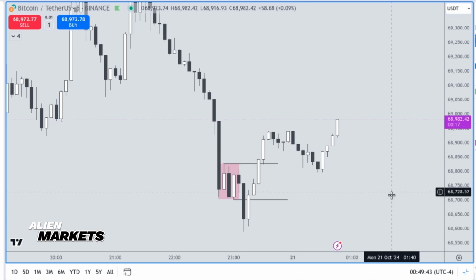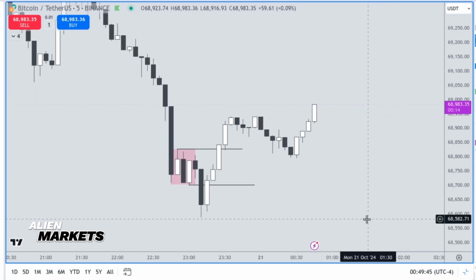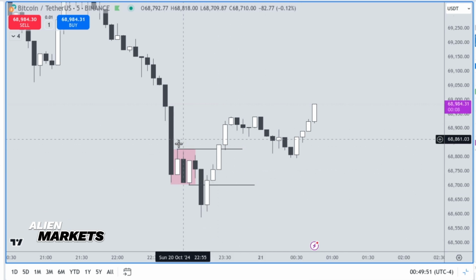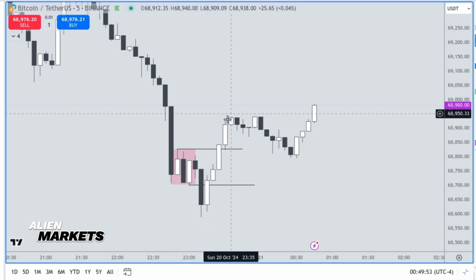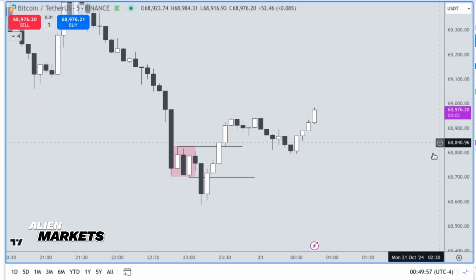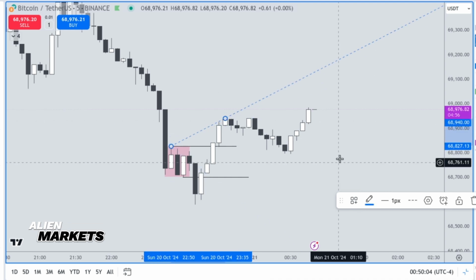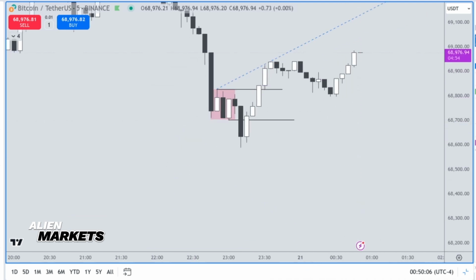What did it form here? An outside bar. This is an outside range of this. So what will happen right now? We don't know, but we can project some stuff right here.